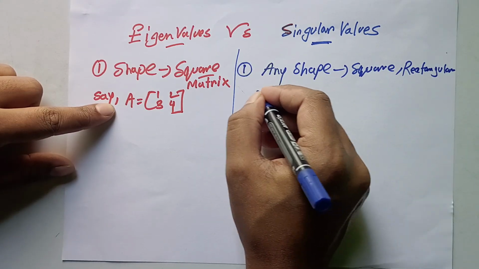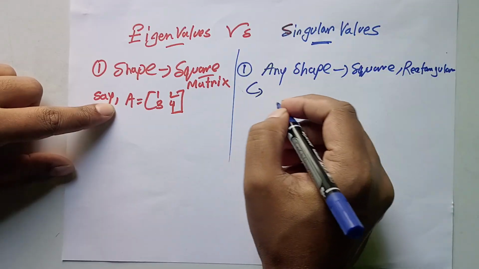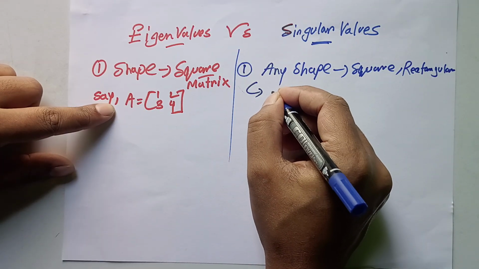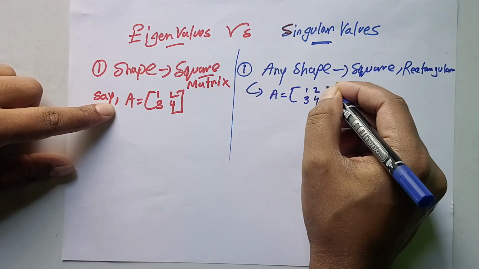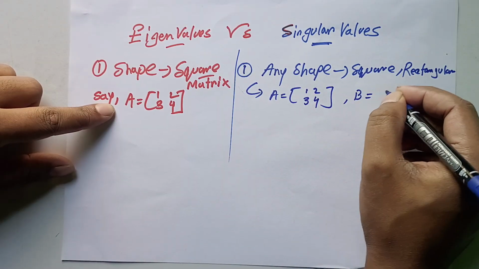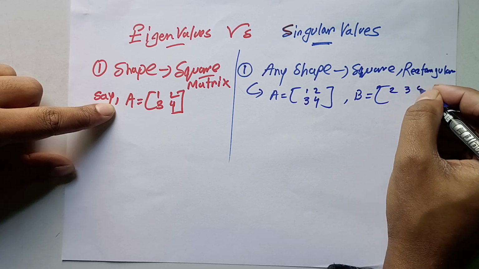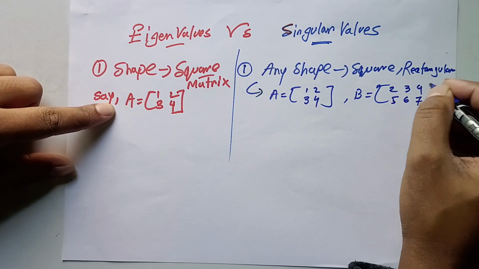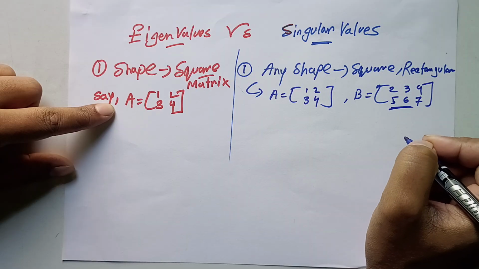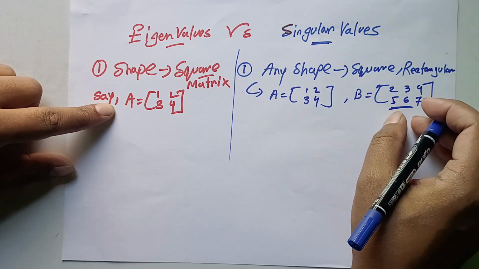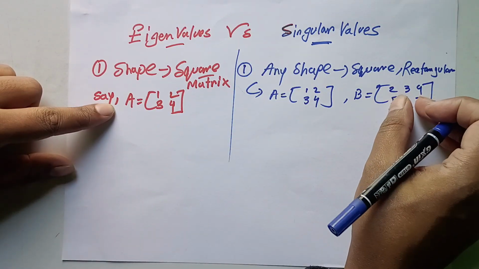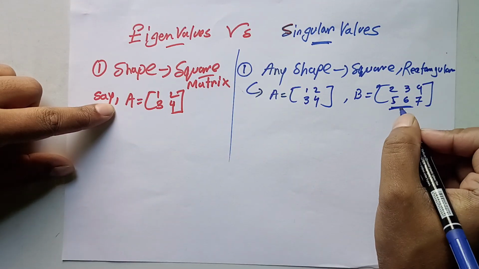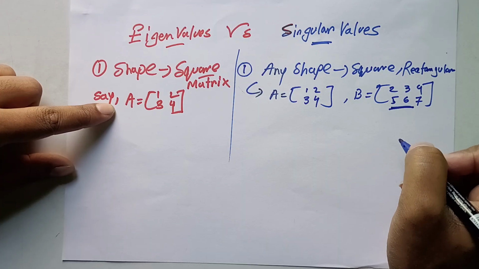So you can find singular values for matrices like, say, A is equal to 1, 2, 3, 4. Say B is equal to 2, 3, 4, 5, 6, 7. So this is a rectangular matrix. So you can find singular values for rectangular matrices as well. But you cannot find eigenvalues from a rectangular matrix.